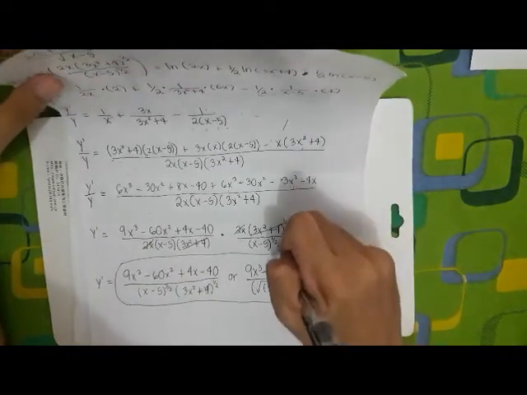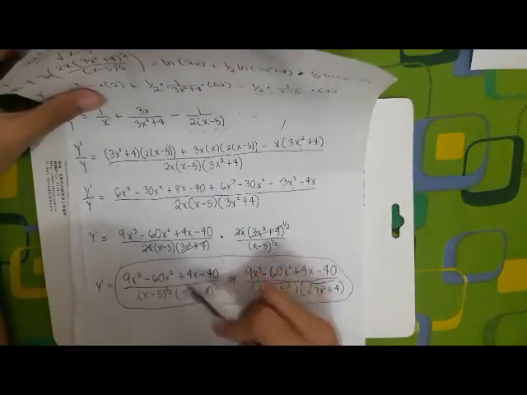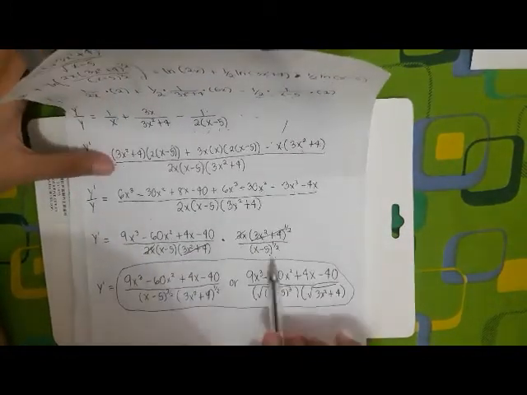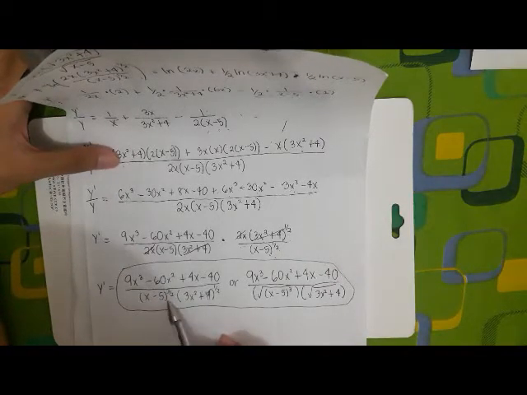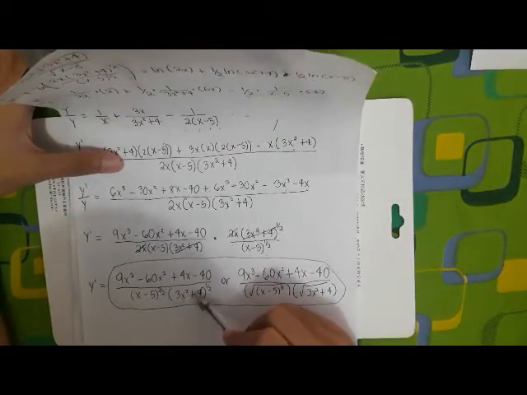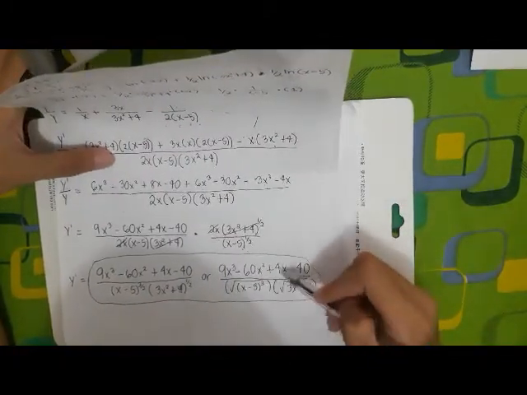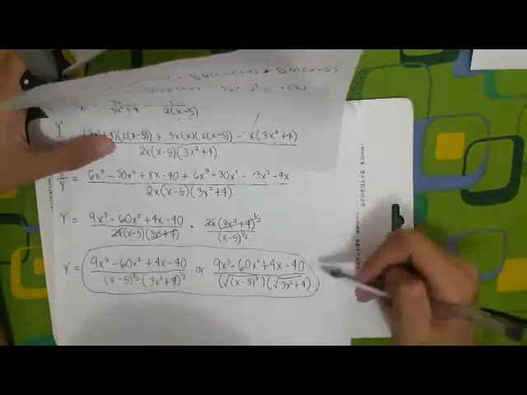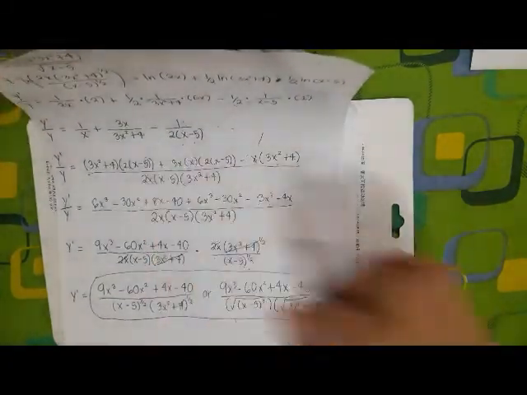The answer will be 9x cubed minus 6x squared plus 4x minus 40 over x minus 5 times x minus 5 to the power 1 half, which is x minus 5 to the power of 3 halves, times 3x squared plus 4 to the power 1 half, or 9x cubed minus 6x squared plus 4x minus 40 over the square root of x minus 5 cubed times the square root of 3x squared plus 4. This will be the derivative of this function.